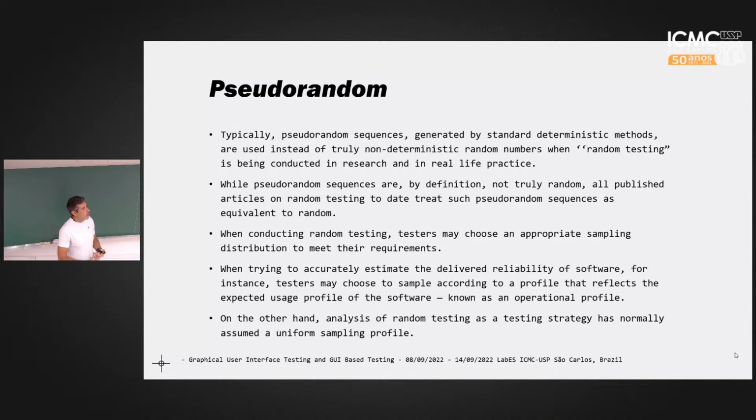Okay. But how can we change the way the random values are generated? We can choose a sampling distribution. If we change the sampling distribution, we can define how the random values are generated from scratch. Okay.